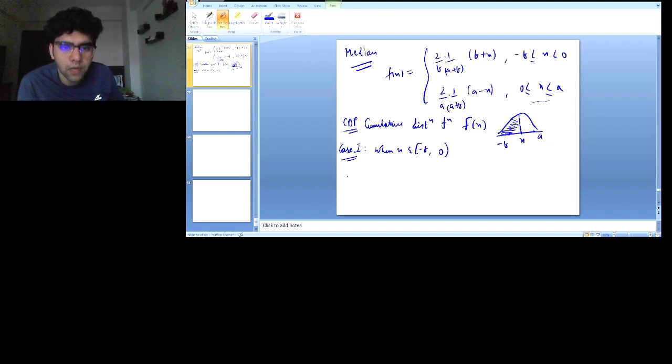So for finding the CDF F(x), this will be just integrating this from minus b to x, and we'll take this PDF because my domain is this. I'm finding the CDFs first and then I'll be finding my median.